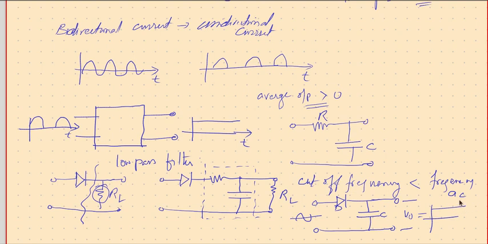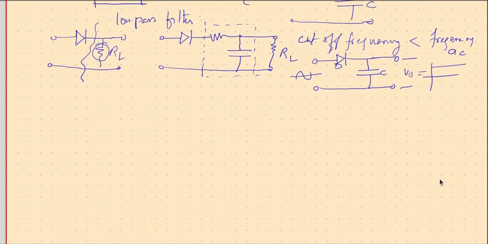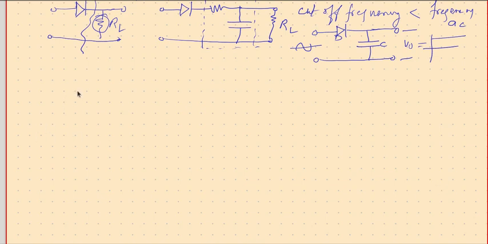What do you say? This is going to be DC? Yes, let us check what would happen. When we apply the positive cycle, in the first part of the positive cycle, the diode gets forward biased because we started with the cathode voltage at 0.